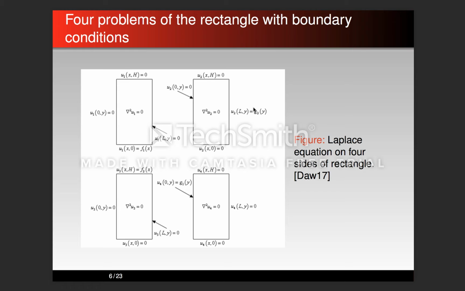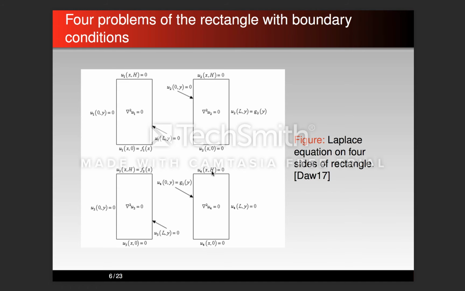And similarly, in this second rectangle, we're trying to solve on the right side of the rectangle with homogeneous boundary conditions on all other sides. With the third rectangle, we're trying to solve the Laplace equation on the top side of the rectangle with homogeneous boundary conditions on the other sides.